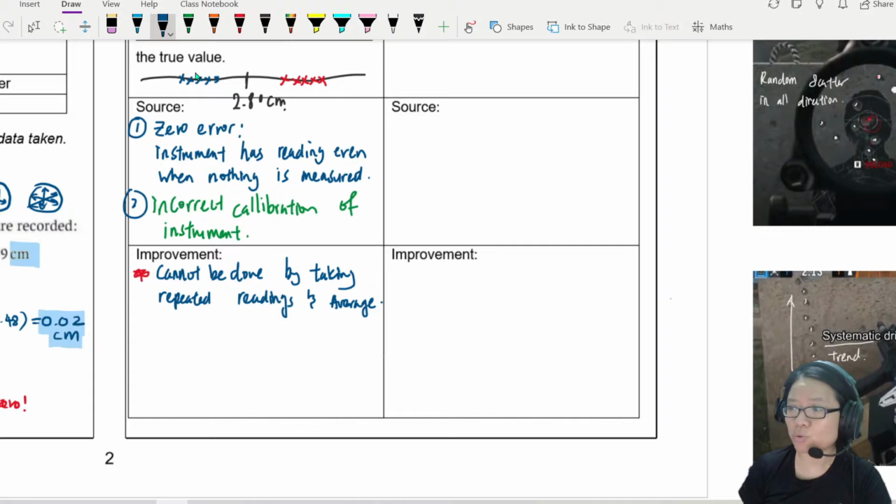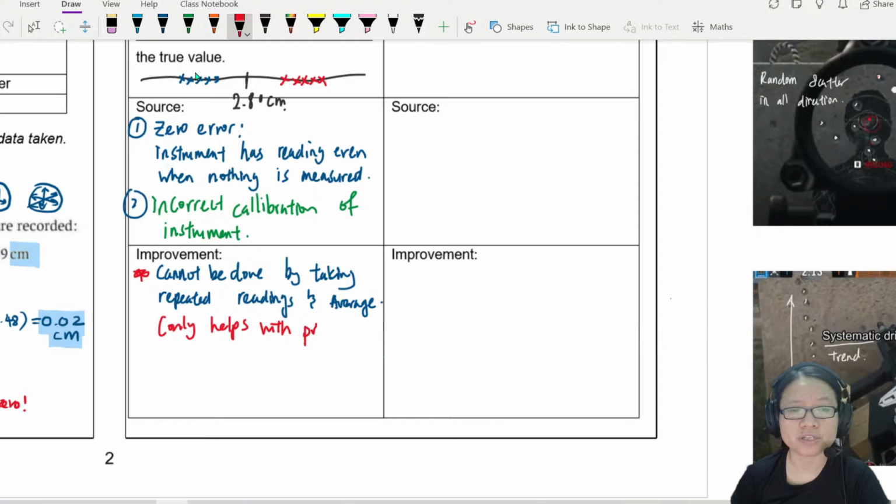I will tell you what taking repeated readings and averaging help. It only helps with precision, the precision of reading. Teacher, what is precision? Well, that's in the next video. But in short, precision means the smallest decimal point that you can read. It only helps with the precision of reading.